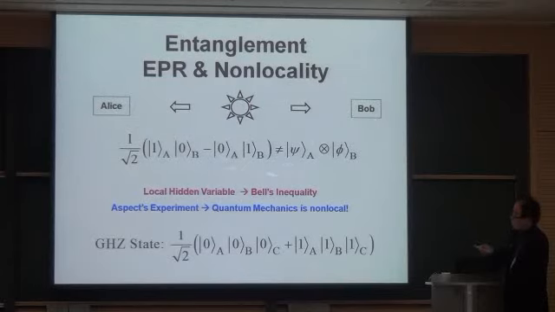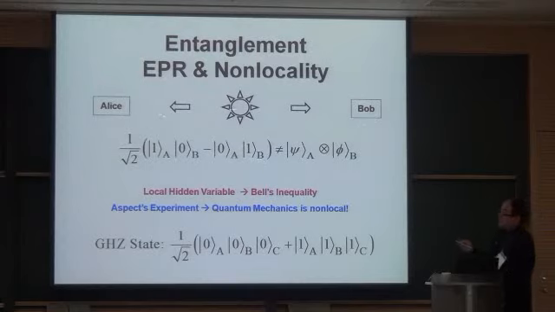This kind of state is called entangled, because when Alice measures her state and gets 1, then Bob's result will definitely be 0, and when Alice's result is 0, Bob's result will definitely be 1. So these two measurements are correlated.